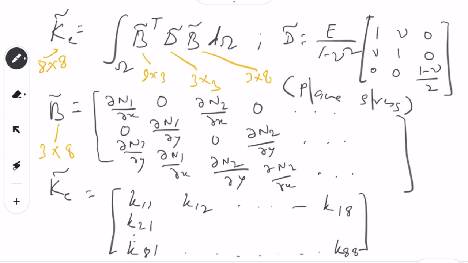Is it possible that we just find out K11, instead of multiplying like this?